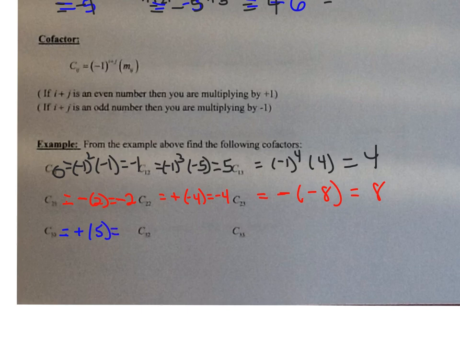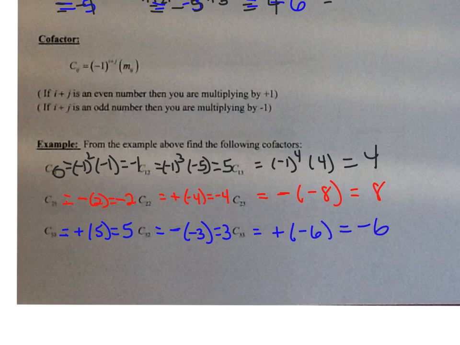So that's just still going to be 5. Cofactor 3, 2. So that's negative 1 to the fifth power. So it's going to be a negative times my minor of 3, 2, which is negative 3. So that's going to be positive 3. And then my cofactor 3, 3 is negative 1 to the sixth power, which is just going to be a positive, times my minor of 3, 3, which is negative 6. And that's just negative 6.